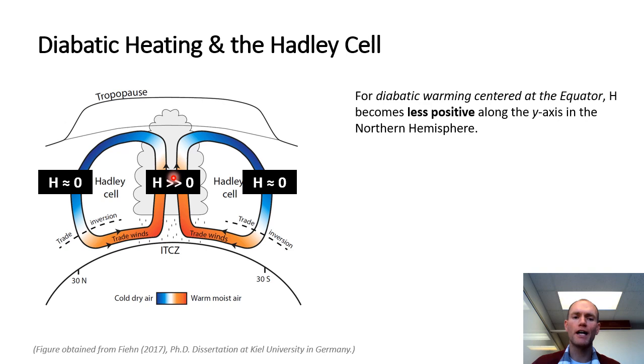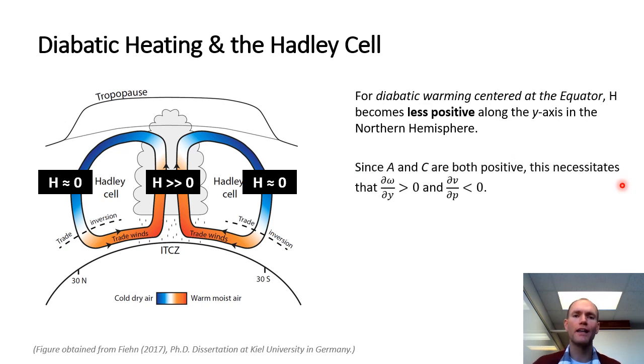So as we go along the positive y-axis to the north, we go from something that is large positive to near 0. So consequently, we are making H less positive or more negative as y becomes more positive. So that partial derivative of H with respect to y is going to be negative.